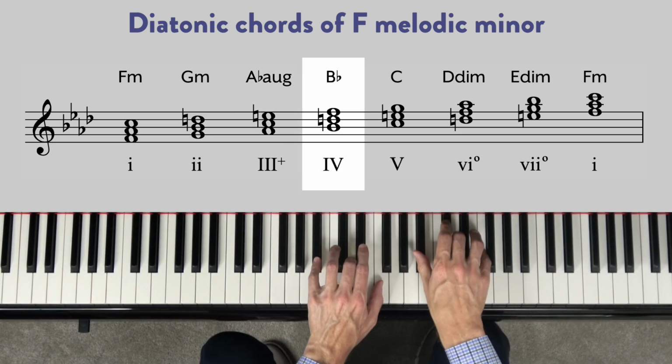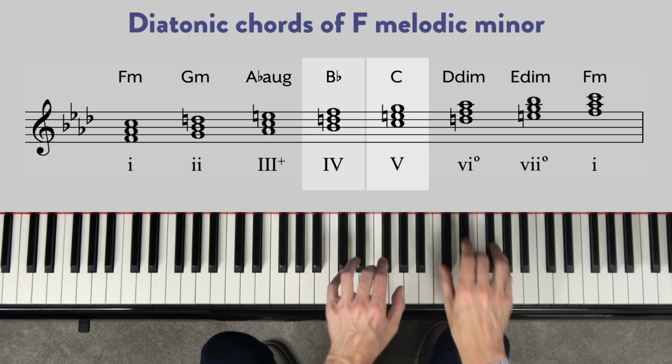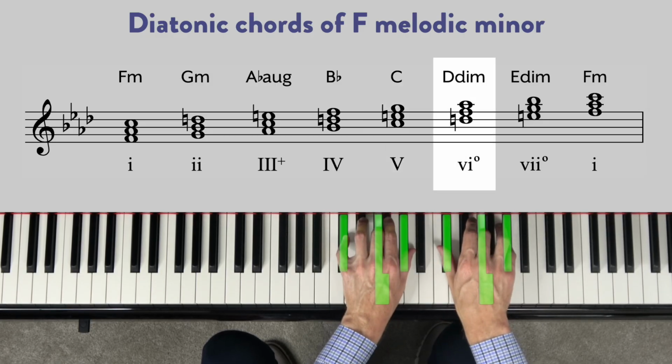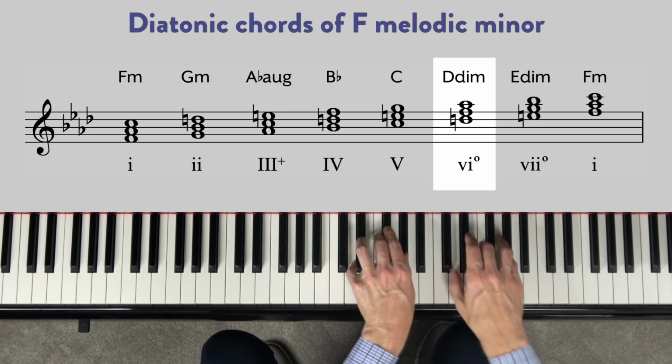Then the 4 chord. Also, we have this raised 6th scale degree, which makes a major 4 chord, B flat major 4 chord. The 5 chord also becomes major if we use melodic minor. So we would say C major 5 chord. D flat major 6 chord. Oh, sorry, that was for natural minor. I forgot that.